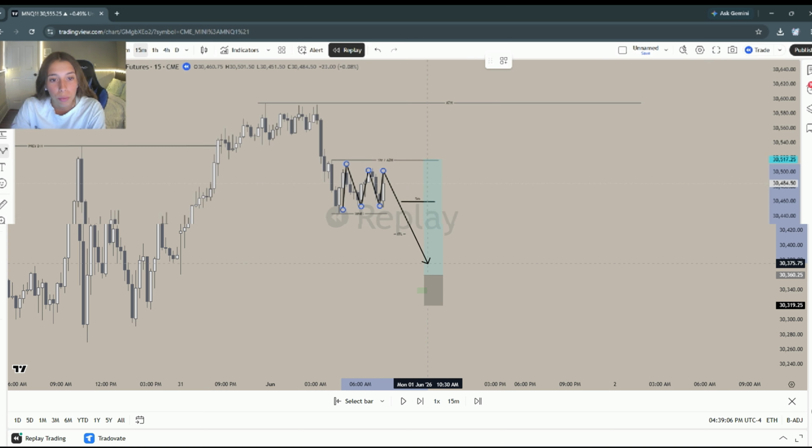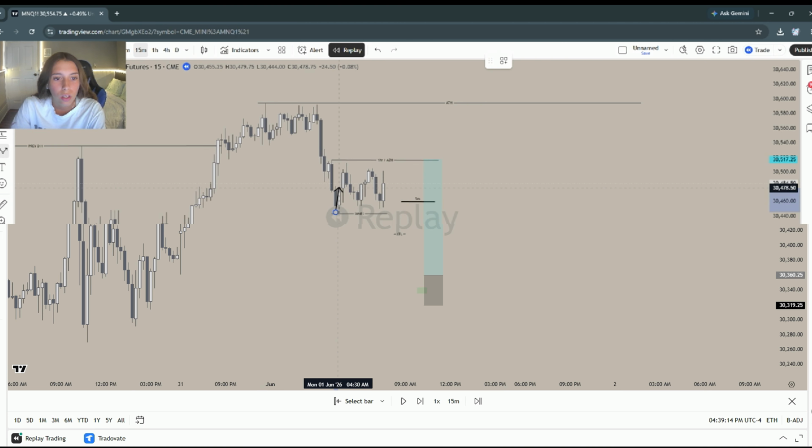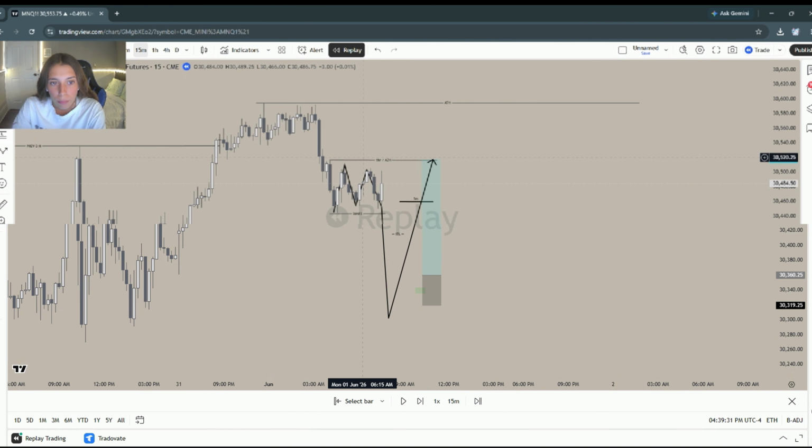What we want is a breakout, either down or up. If we get it up, then we would want to take the shorts from it. But in this case we wanted longs since our bias is bullish on the day, so we wanted it to take out something lower to take longs. Then our target would be the wick of the zone, or you could have used this 15-minute fair value gap up here. There's also a 5-minute up there. There's a lot of different targets you could have used for today.